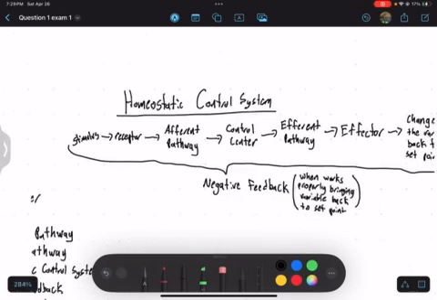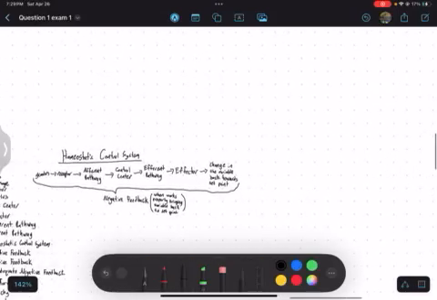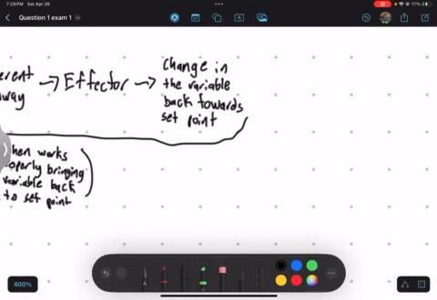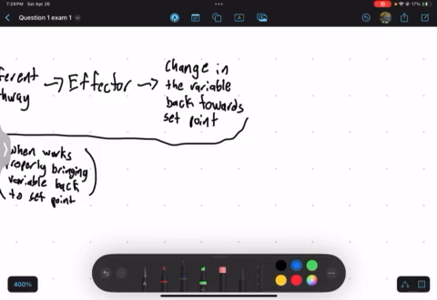So this set point is basically an area in which we want our variable to be at, the value we want our variable to be at. So that's exactly where we want it to be at.